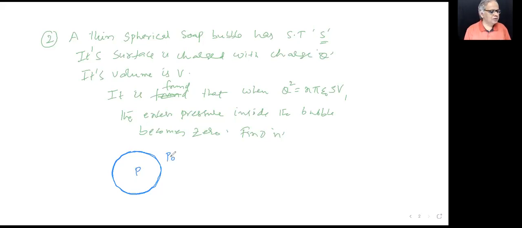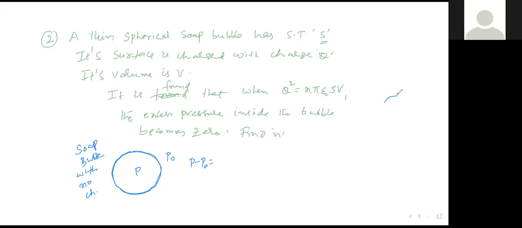Hello, children. Soap bubble with no charge, P minus P0 is equal to what? Tell me if you remember. No one remembers. So the formulas you don't even know.